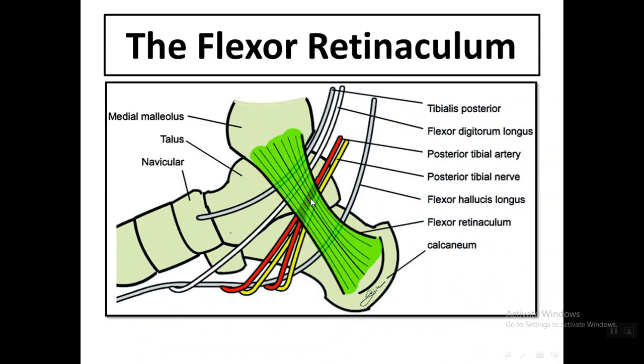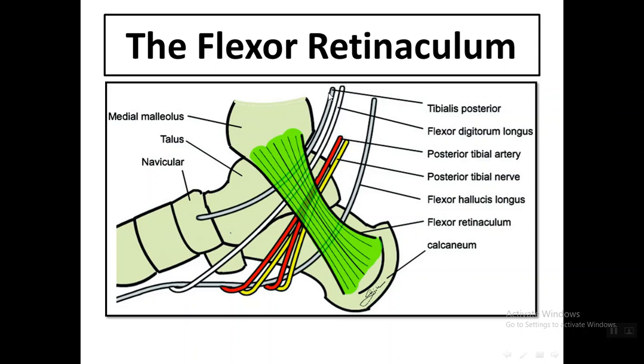It is a thickening of deep fascia that passes from the medial malleolus of the tibia down to the medial surface of the calcaneum. Also the same function, it will hold the tendons, artery and vein in position during movement of the joint. These structures are arranged from medial to lateral.